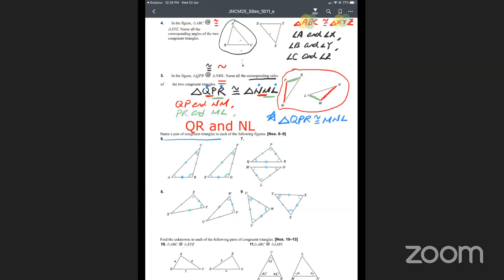It just confuses people, because when people look at it in this way, QP actually does not correspond to MN. Is it QP, MN? QP and MN is okay, but how about the other? Which one has a problem? QR and ML, they are not corresponding.